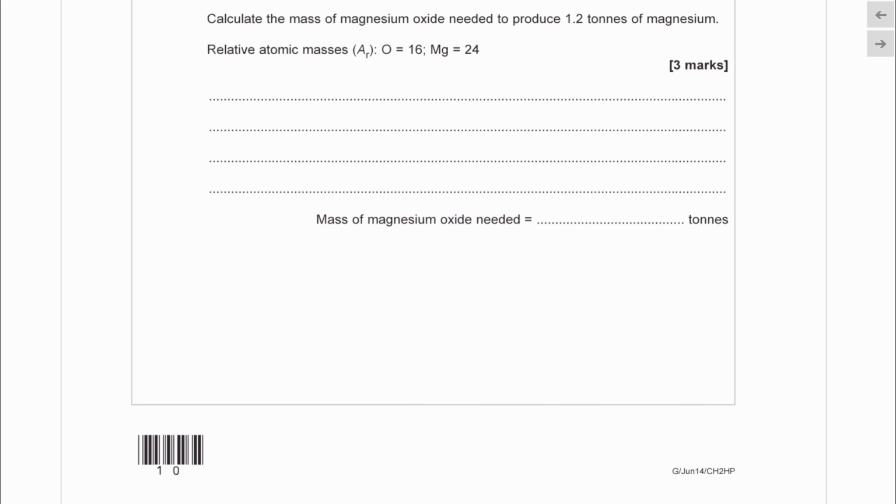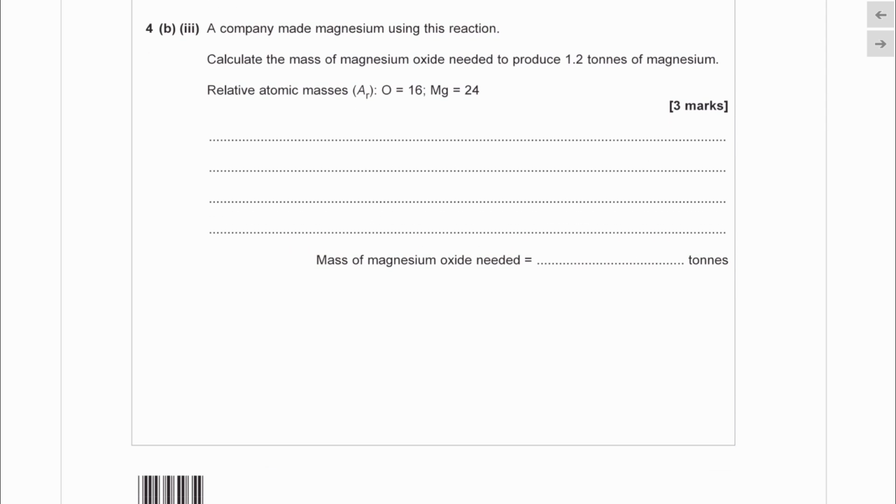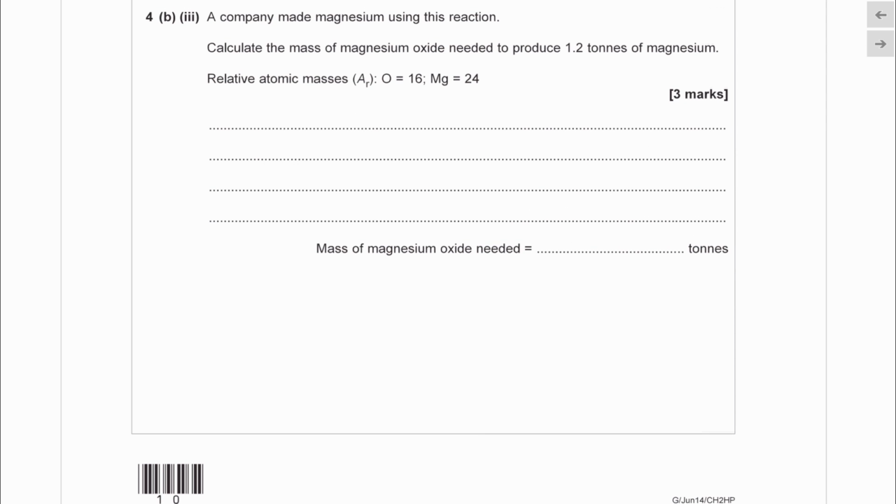All right. So let's just scroll that up slightly so you can see. There we go. So what I'm going to say is that 1-to-1 ratio, just to remind me. Okay, and we've got 1.2 tons of magnesium. Now, I'm going to just work in tons then, as if this was grams. It doesn't matter that it's tons or kilograms or grams, as long as you use the same units all the way through, then you're going to be fine.